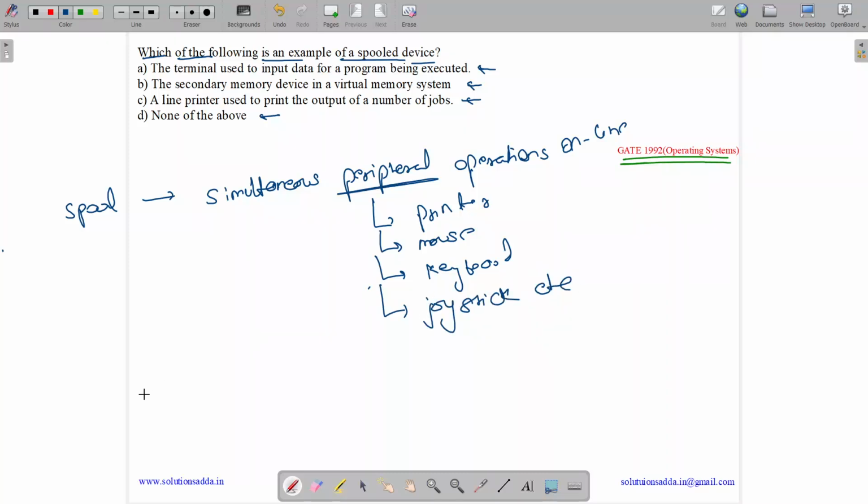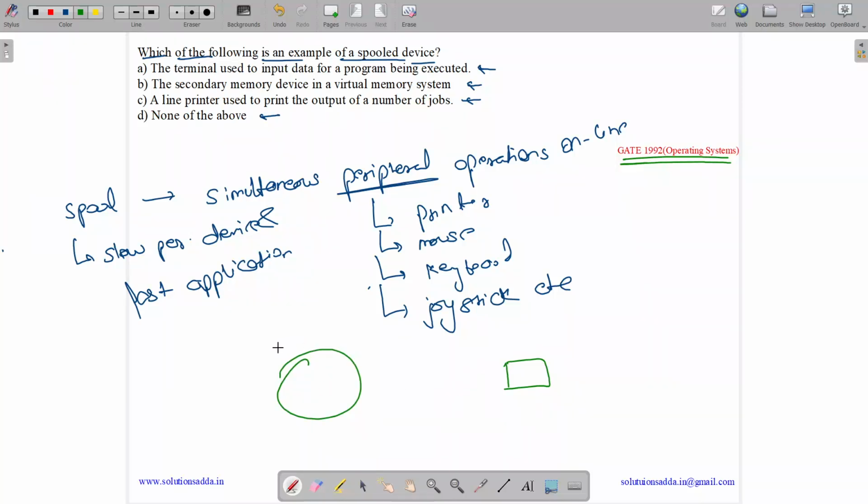So what is spooling used for? Suppose we have a slow peripheral device and a faster application. Suppose we have a printer, a very slow printer. Printer is generally slow, and a fast program gives the print command.